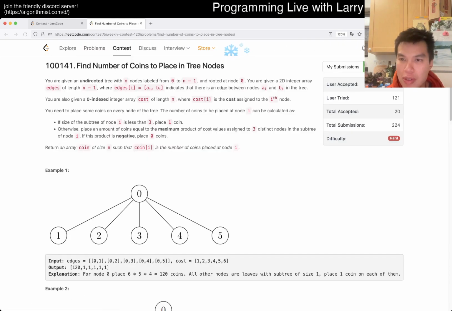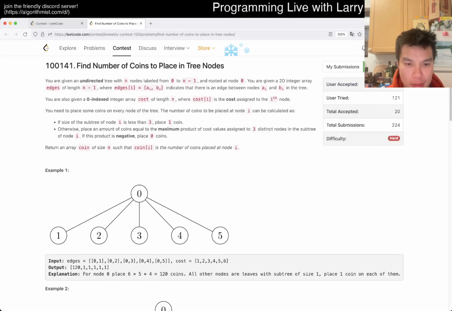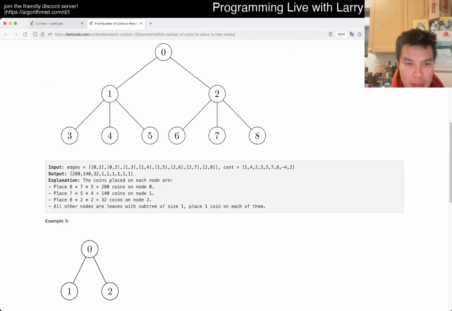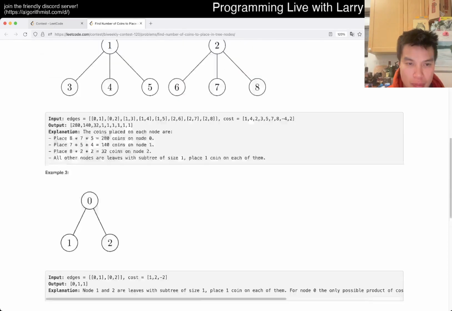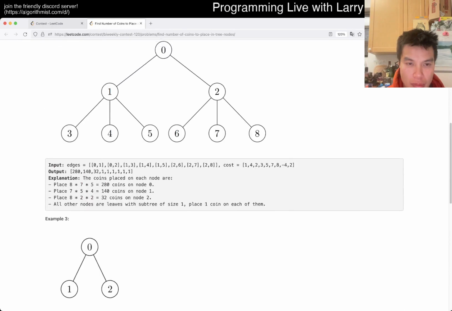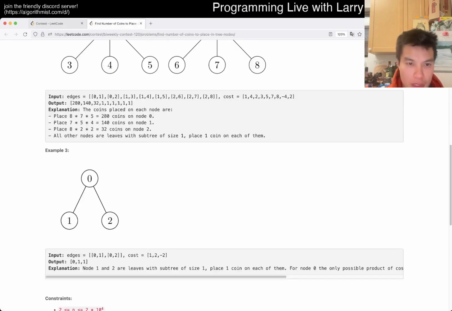Why is this hard? And it's rooted at 0? Yeah, they give you the root. Oh, it's any number in the subtree, not just... And it's just tricky cases with negative numbers.